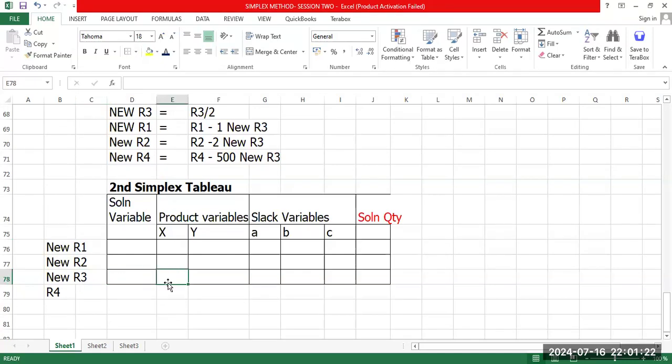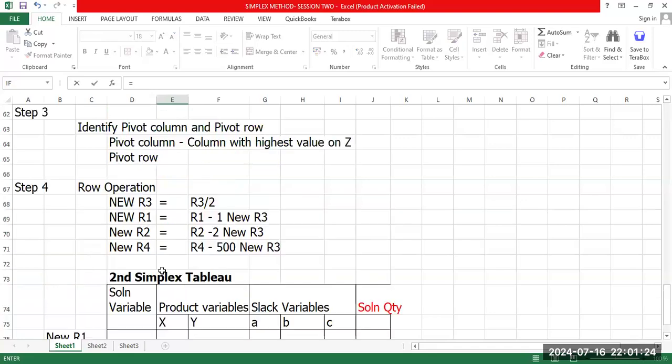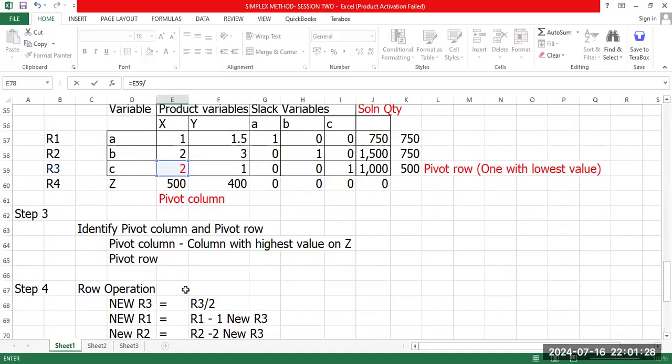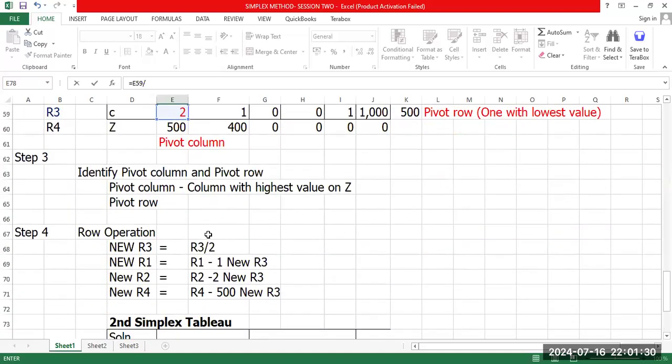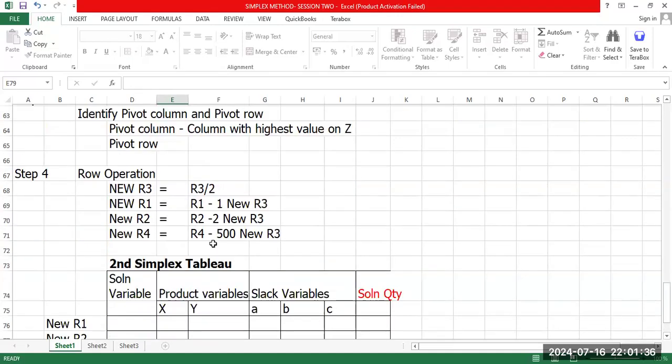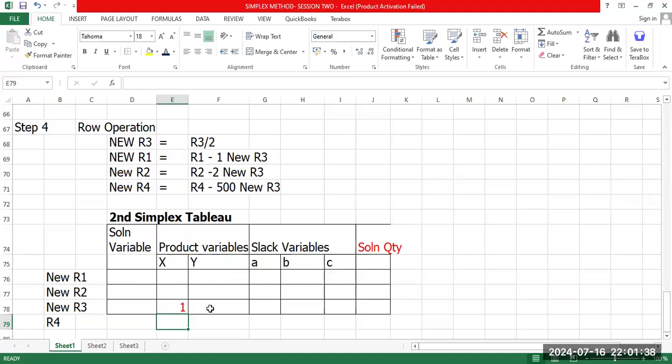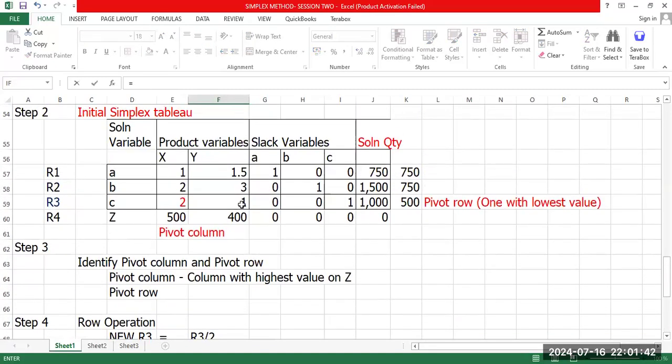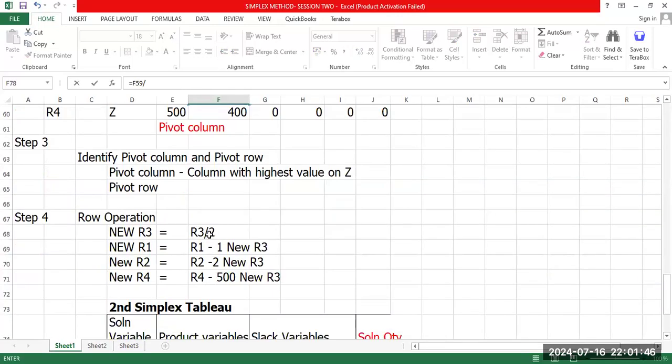I am dealing with row 3. What was the value here? I get the value that was here, which is 2. The formula is saying you divide by 2. I divide by 2. You see I'm getting 1. Then the next, you must do the same on your calculator. Get this, divide by 2.